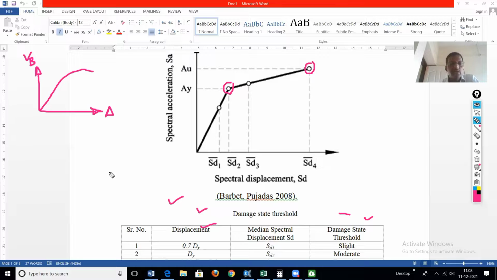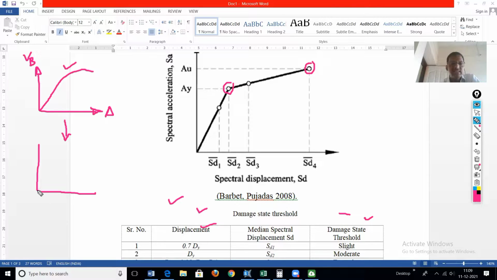Now, the next step is to convert this pushover curve, which is also called the capacity curve, into a bilinear capacity spectrum curve.